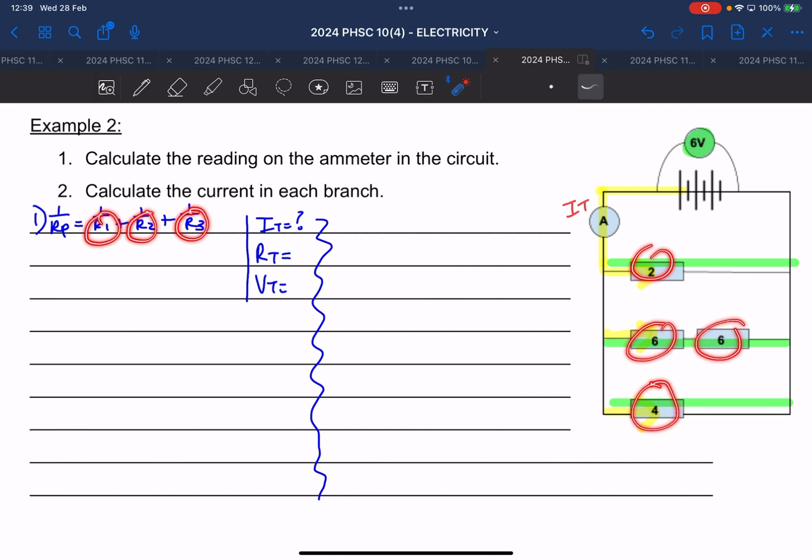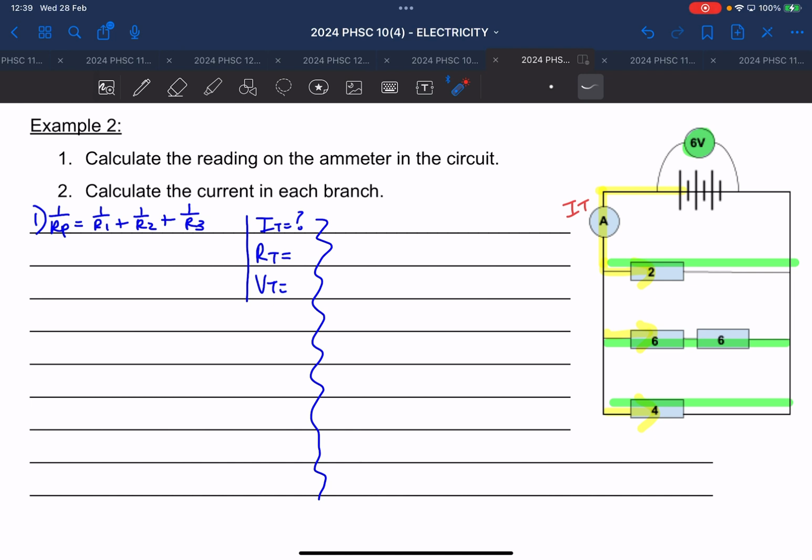Shouldn't I say plus R4? Why not? If you struggle, you can only ask Umulemu. I think you should add the 6.